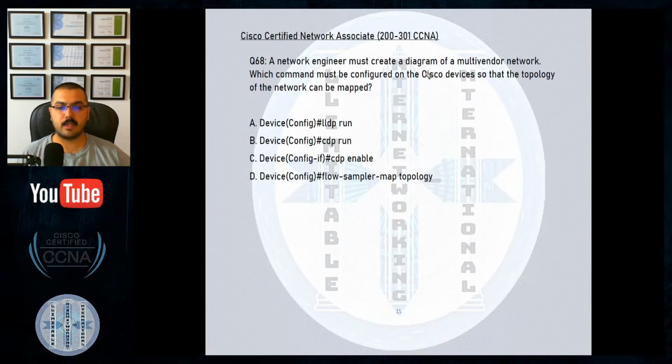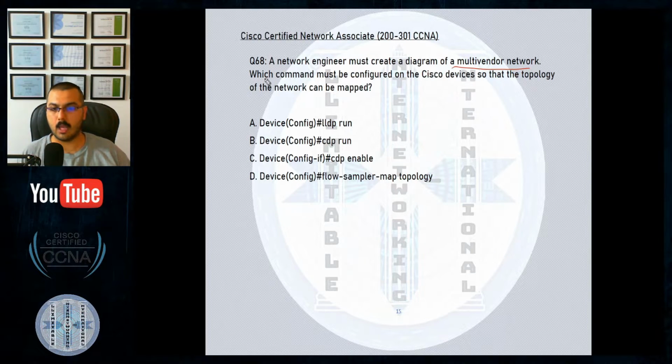Okay, 68. A network engineer must create a diagram of a multi-vendor network, some routers from Cisco, some firewalls from Juniper, some multi-layer switches from Huawei, maybe some switches from Arista or routers from Nokia, etc. Right now I would sell a Nokia phone and buy a Nokia router.